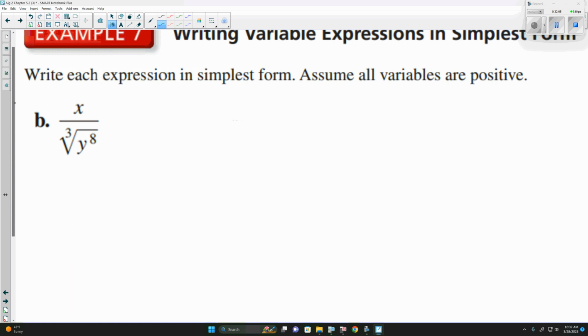Let's rewrite this denominator as a fractional exponent. So the number on top would be 8, and the number on the bottom would be 3. If the numerator had a radical, we can leave it alone as long as it doesn't simplify.